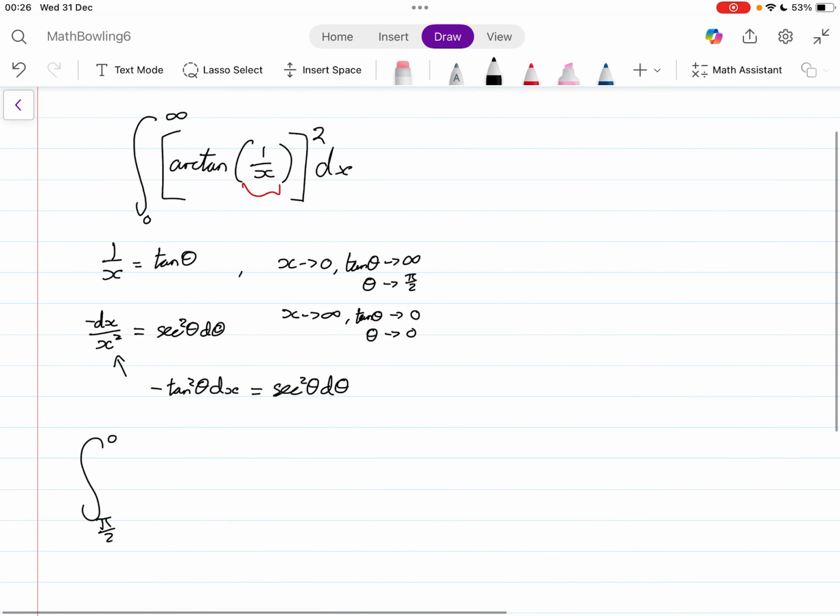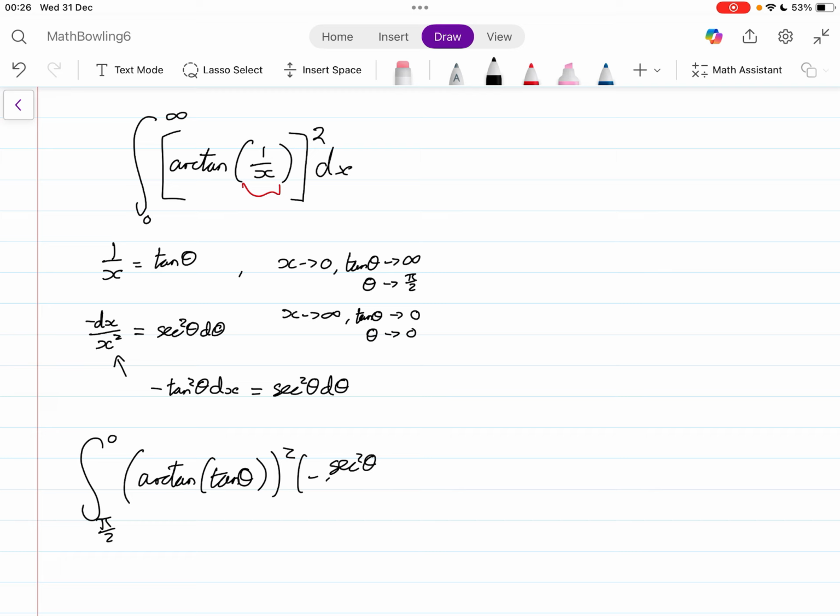So what we've got is arctan of tan theta, squared, times negative sec squared theta over tan squared theta d theta.